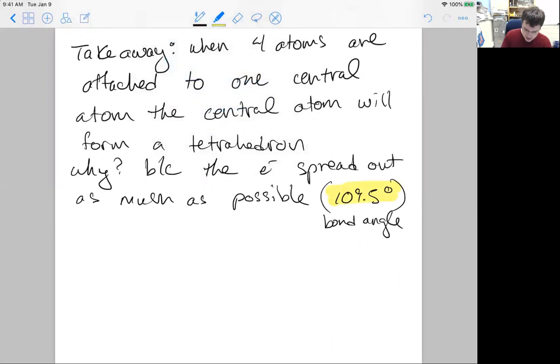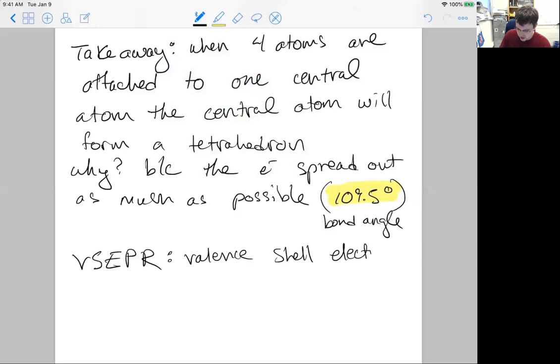Okay, so where does this all come from? There's this idea that's a big deal in high school chemistry and general chemistry, and it's called VSEPR. This is the only time I'll ever say this abbreviation. So this is valence shell electron repulsion theory.